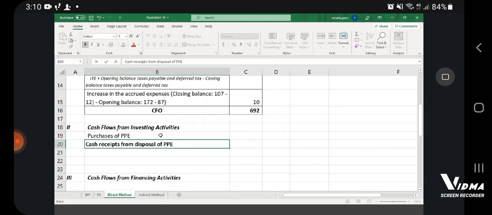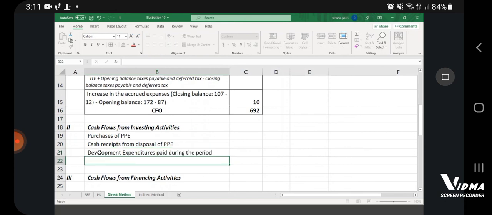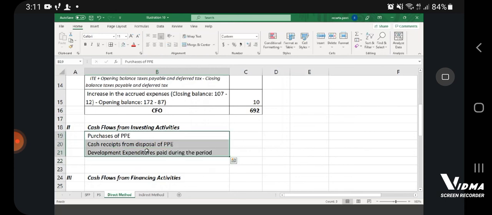That is these investments that you may have made. And development expenditures paid during the period. Most probably these are the three items that will have caused cash inflows or outflows and have changed the investing structure during the period.